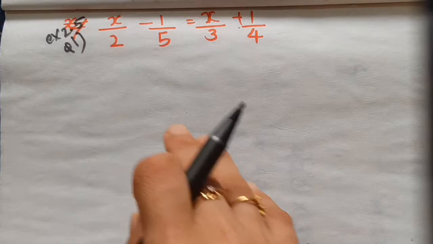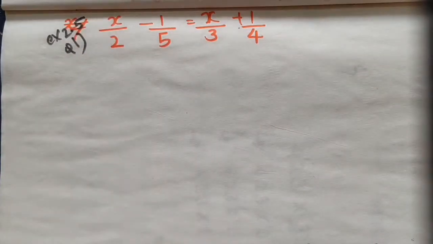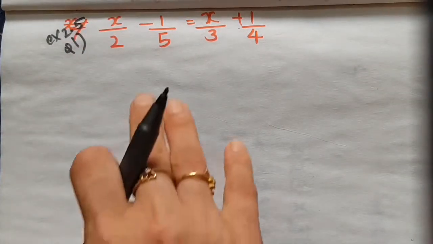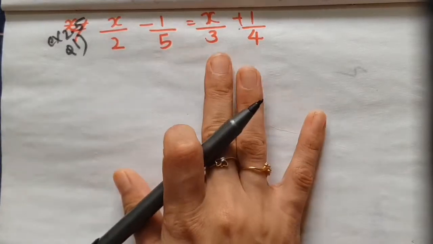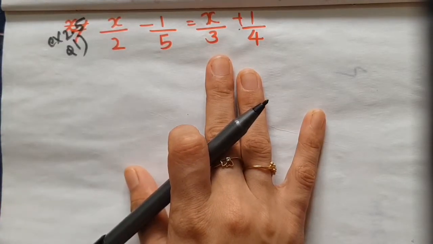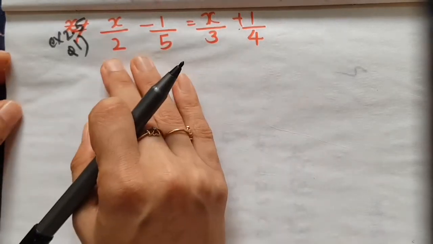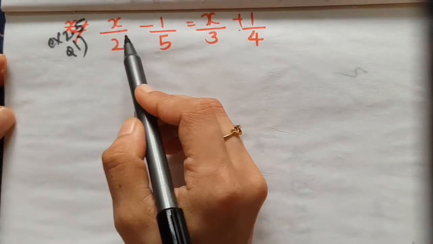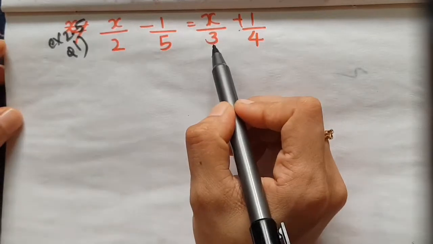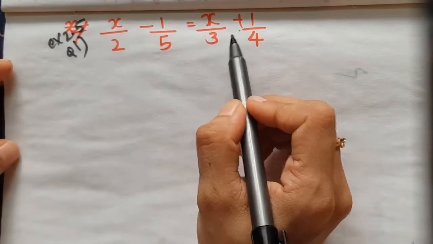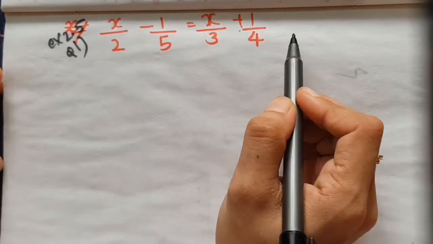Now moving on to question number 1 from exercise 2.5. Suppose this is the question we have got: x by 2 minus 1 by 5 is equal to x by 3 plus 1 by 4. On the LHS we have an x term and a whole term, and on the RHS also we have an x term and a non-variable term.